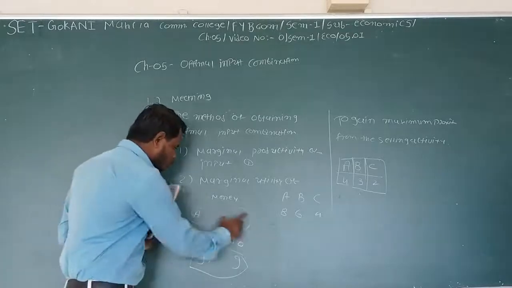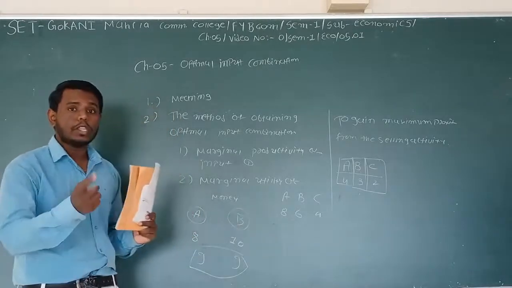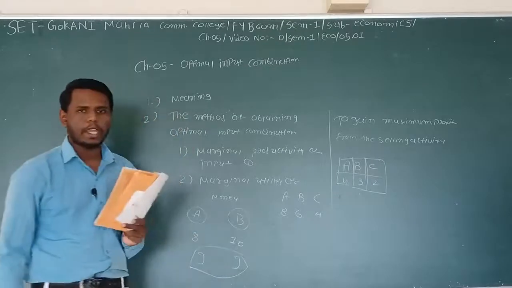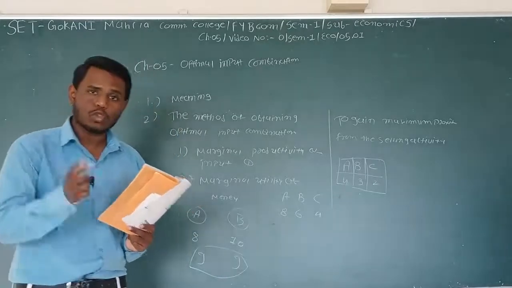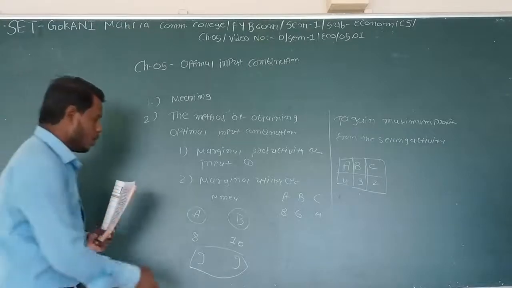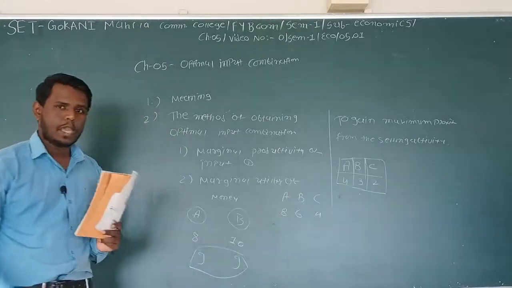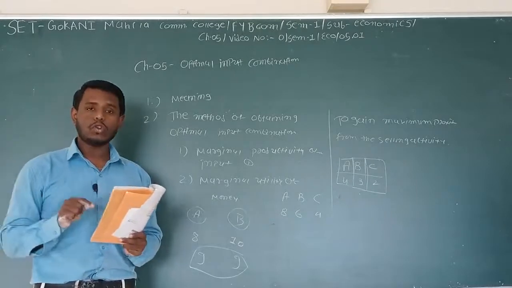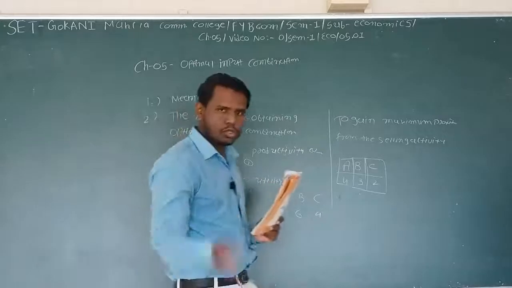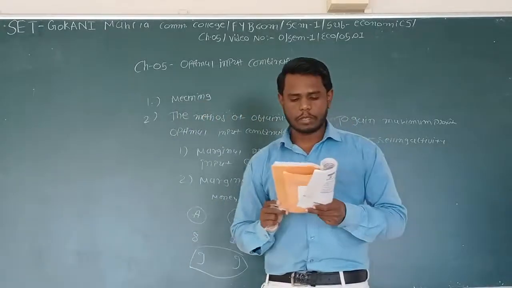If you have two inputs and there is a difference between them, one is 8 and the other is 10, you have to make an effort to take both up to 9. And now you should not change anything in this combination. This is called the optimal input combination.